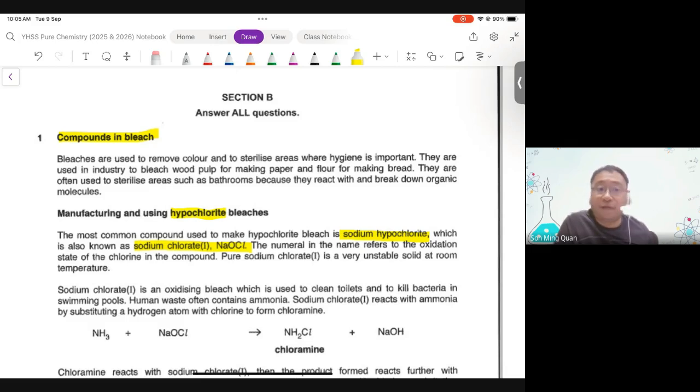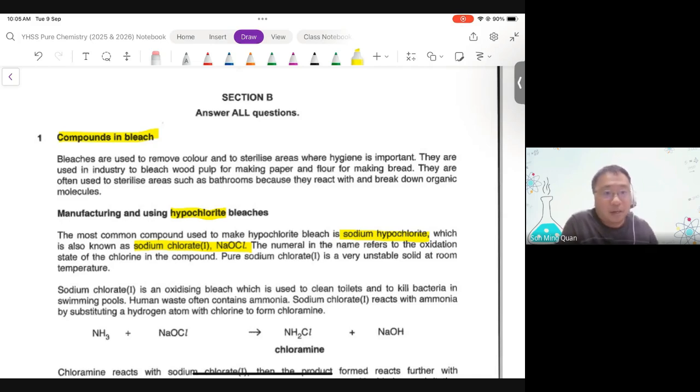So, in this case, the first chemical name that you already see is sodium hypochlorite, also known as sodium chlorate(I), NaOCl. All right. Now, NaOCl, obviously, we have just done it in the disproportionation reaction. Okay, it's not stable. All right, NaOCl itself can react. And it so happens that it reacts with the molecules in the food stains on your clothing. That's how it gets rid of the stains, because it reacts with the stains.